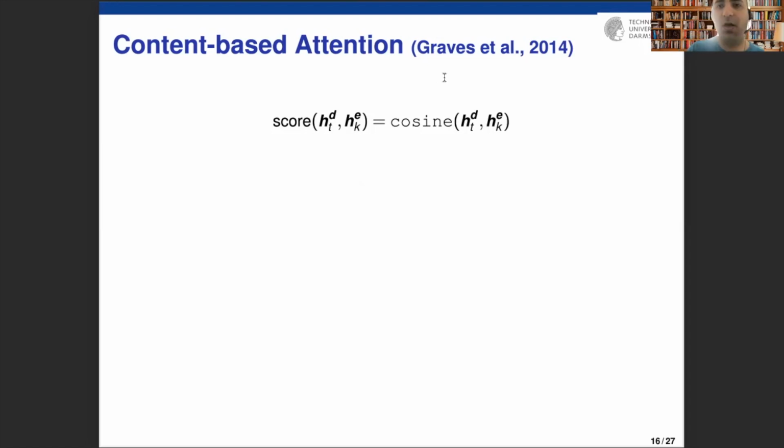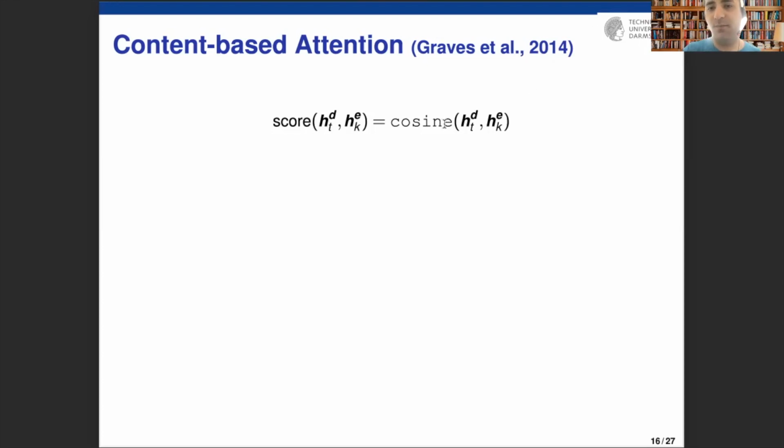By clicking on the notes on the citations, you should be able to see the paper, download it, and read it if you want. In content-based attention, the main idea is that the score function for a given hidden state in the encoding and a given hidden state in the decoding phase is the cosine similarity.